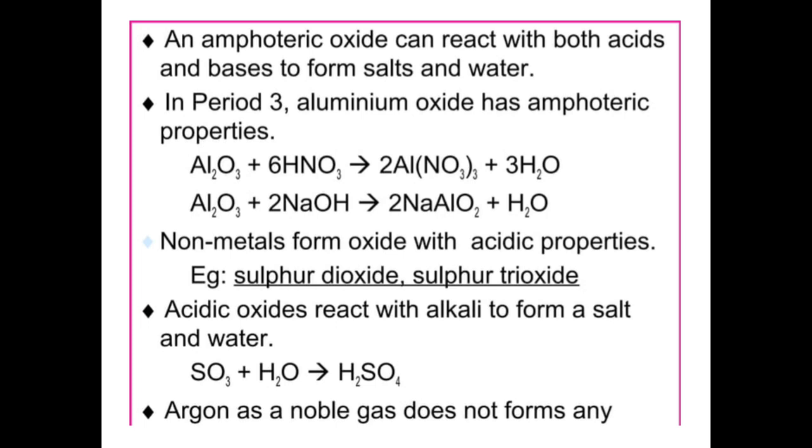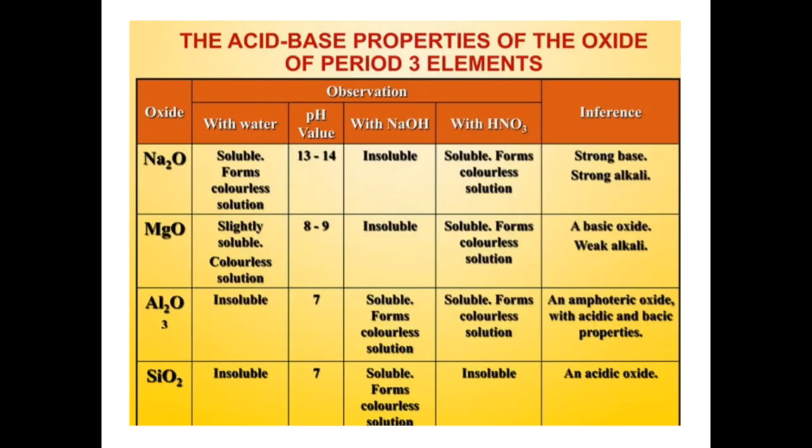An example is aluminum oxide, which is amphoteric. It will react with acid to form salt. It will also react with base to form salt and water respectively. The non-metals will form oxides with acidic property. For instance, SO3 can react with H2O to form H2SO4. Like we have said, argon as a noble gas does not form any of these.